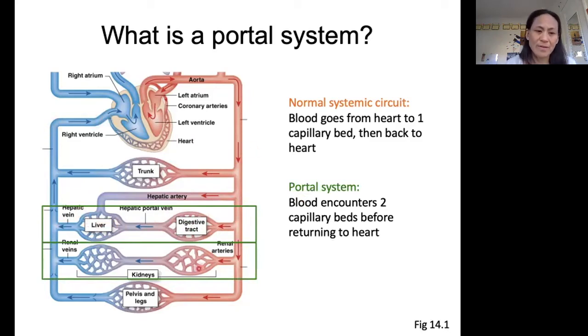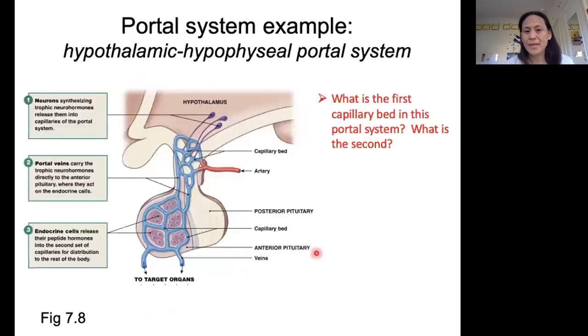And then same down here, we have a portal system in the kidneys. I would like to point out to you that you have actually already seen a portal system in the hypothalamus and the anterior pituitary. That has this special name, the hypothalamic hypophyseal portal system. Don't worry about the name, but it is a portal system.